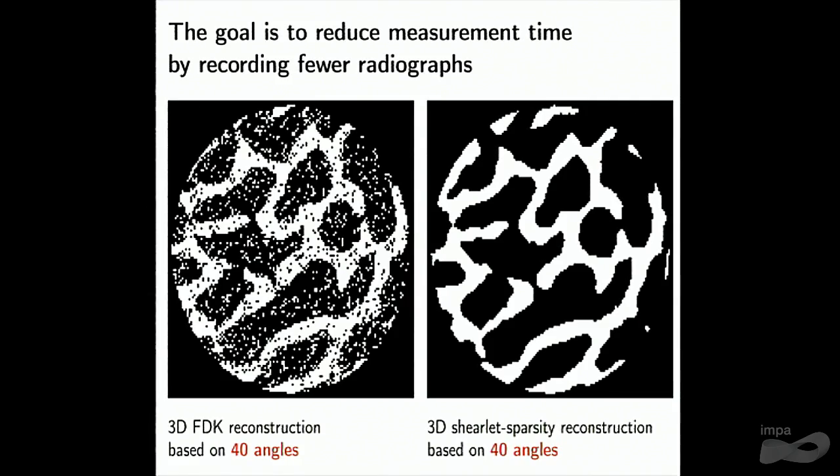We implemented a sparsity promoting reconstruction based on three-dimensional shearlet transform. And once we do that from those 40 angles and then threshold, we get this one, which is much better. It doesn't have all of these artifacts. It seems to be kind of better.